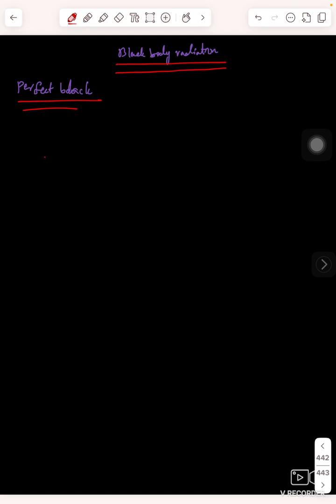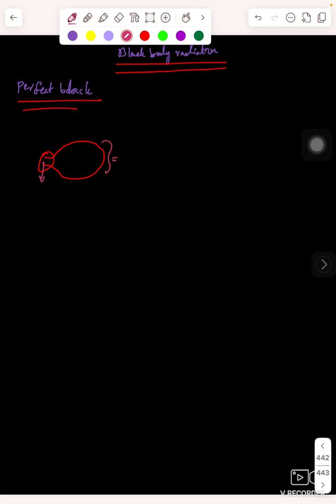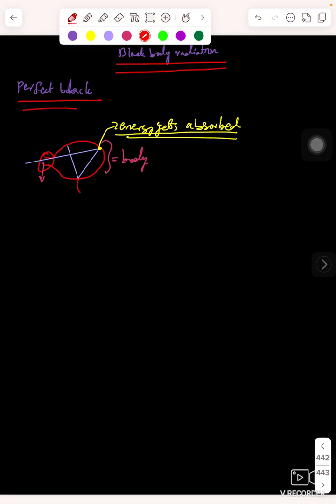If we have a hole over here and it has an entrance to a body, in which if light passes through it and gets absorbed, the energy gets absorbed, and the remaining energy is absorbed by collisions.